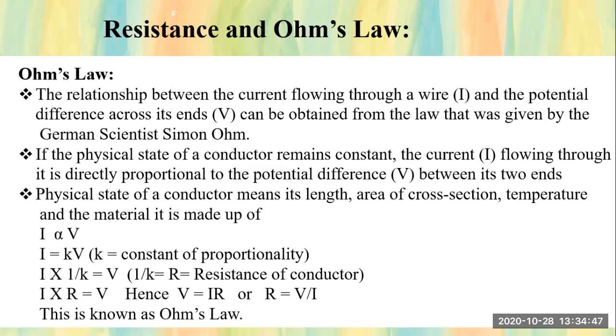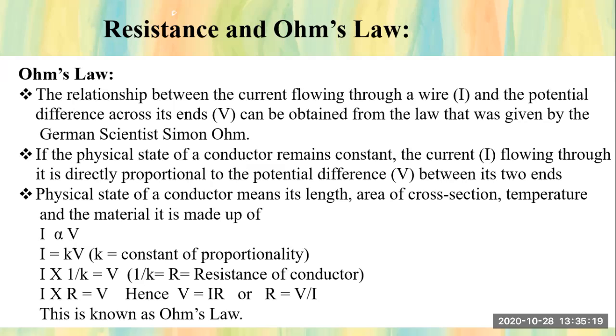Now you will ask, ma'am, what is meant by directly proportional? See, in the symbolic form, I is directly proportional to V, means current is directly proportional to the potential difference between the two ends. Directly proportional means if the current will increase, potential difference will increase. If the current will decrease, potential difference will also decrease. Hence we term this as directly proportional.